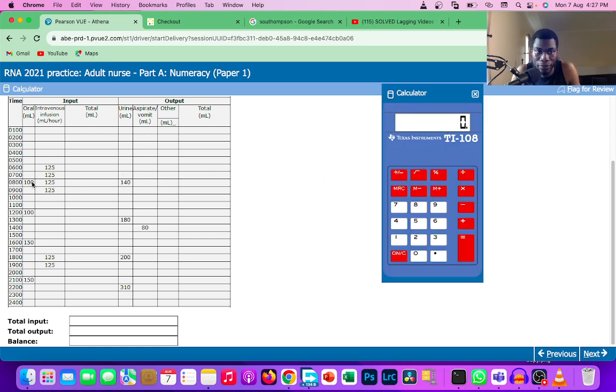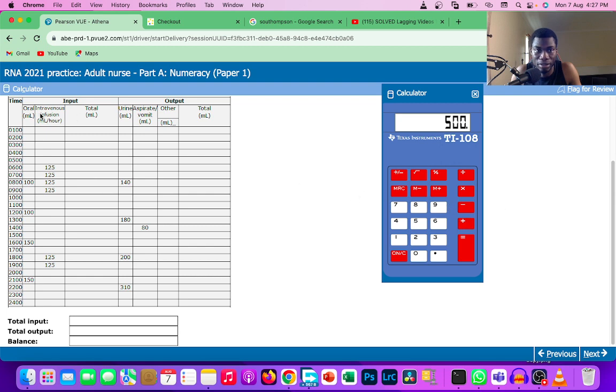So now let's start to calculate. So we have 100 plus 100, that's what? 200, right? Then we have 150 plus 150, that's 300. So we are now going to have 200 plus 300, that's what? 500. Now let's come here.